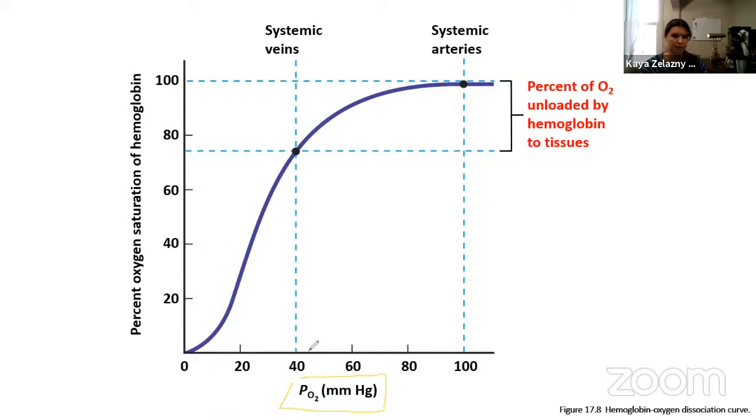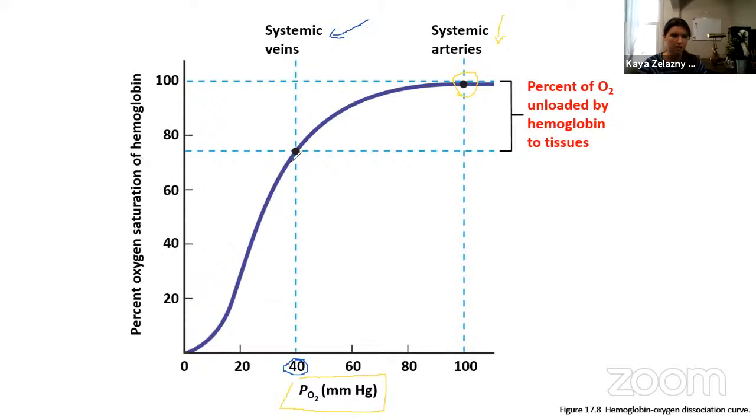So we know that at 100 as our partial pressure, from that previous slide, we are almost at 100% saturation of hemoglobin, and that's true of our arteries. Conversely, the other data point we have so far is that at a partial pressure of 40, that's what we have in our veins.